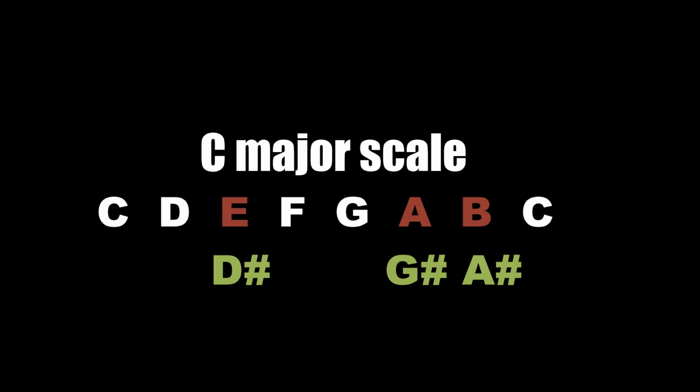Okay? Or you can say by flatting them. So I have flatted the third, sixth, and seventh notes of the C major diatonic scale, and I have found the C minor scale. So the notes of the minor scale are C, D, D sharp, F, G, G sharp, A sharp, C.